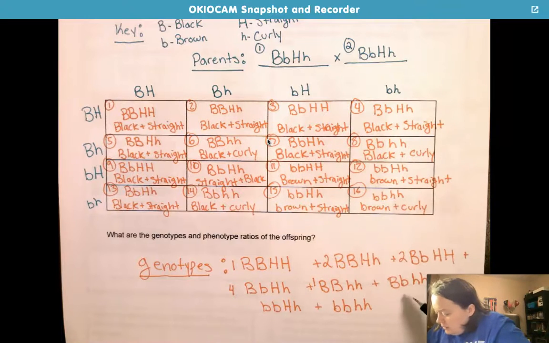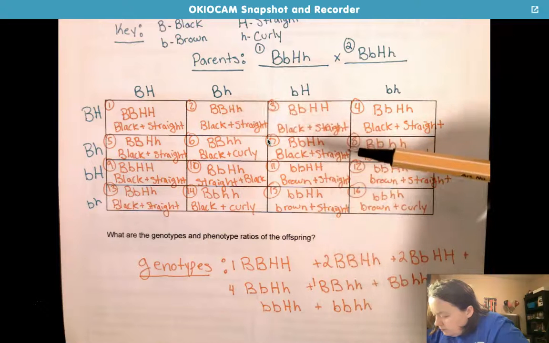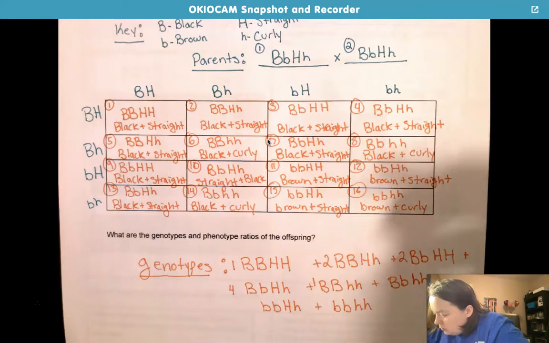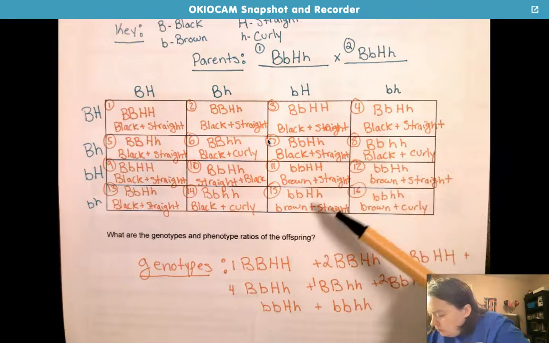Okay. How many of these? Big, small, small, small, small. 1. 2. All right. Small, small, big, small. One, 2.